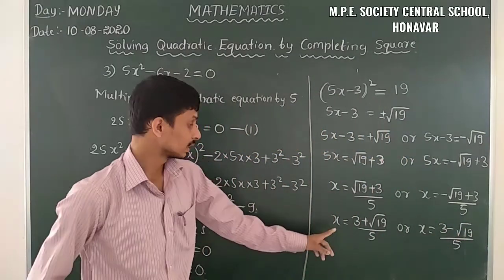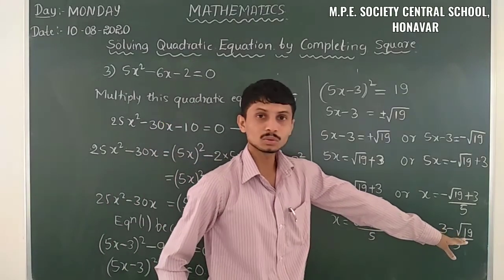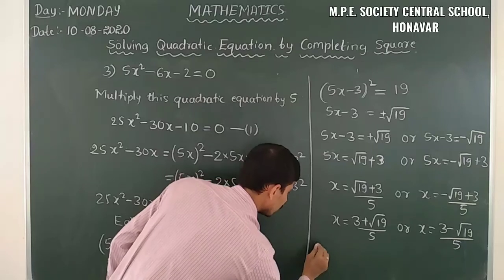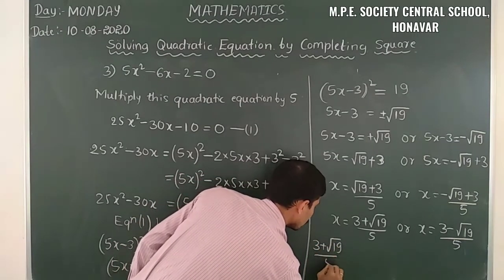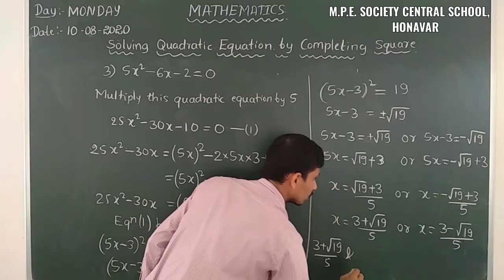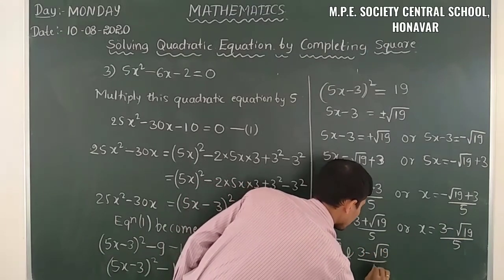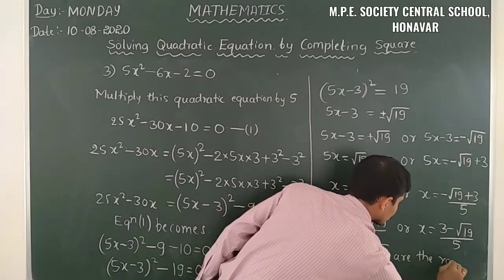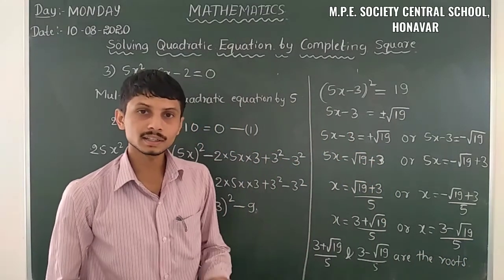So that means 3 plus root 19 by 5 and 3 minus root 19 by 5 are the roots or solutions of the quadratic equation.